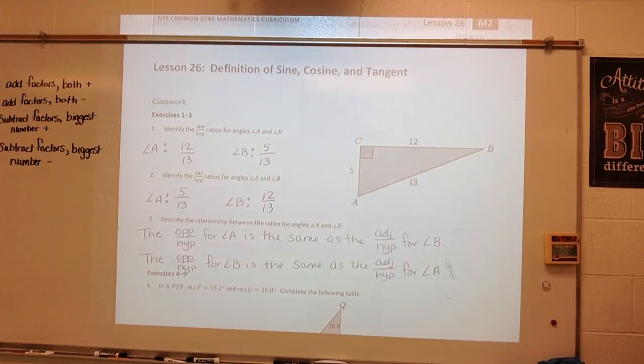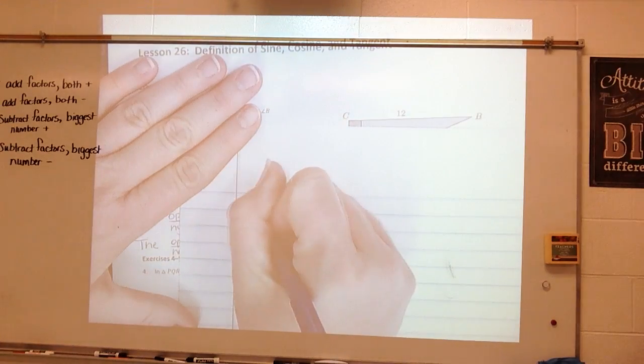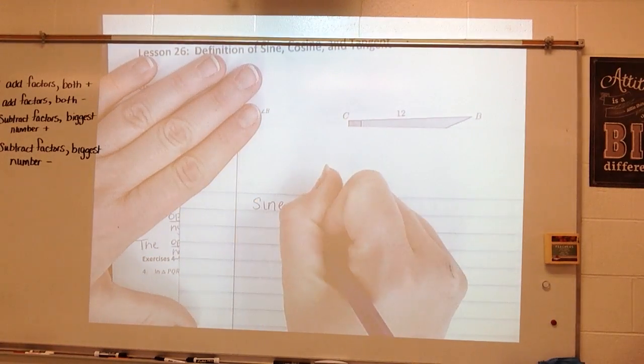We're going to learn more about the history behind this in Algebra 2. We're not going to deal with a whole lot of the history here. Presently, mathematicians have agreed upon the names of sine, cosine, and tangent. So let's look at this.